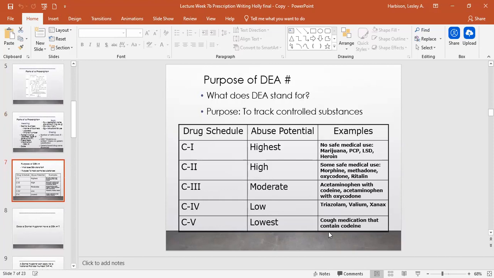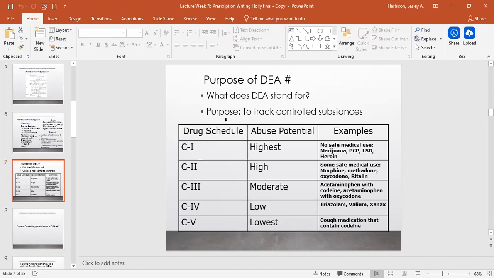This kind of highlights the drug schedule. Drugs are put under the schedule of class 1, class 2. And so this is just asking, what is the DEA, the Drug Enforcement Agency? The purpose is to track controlled substances.